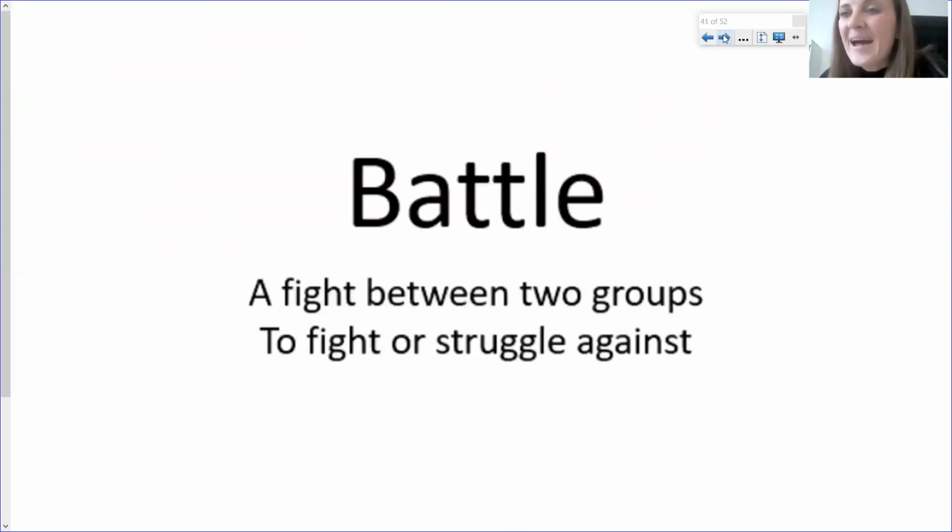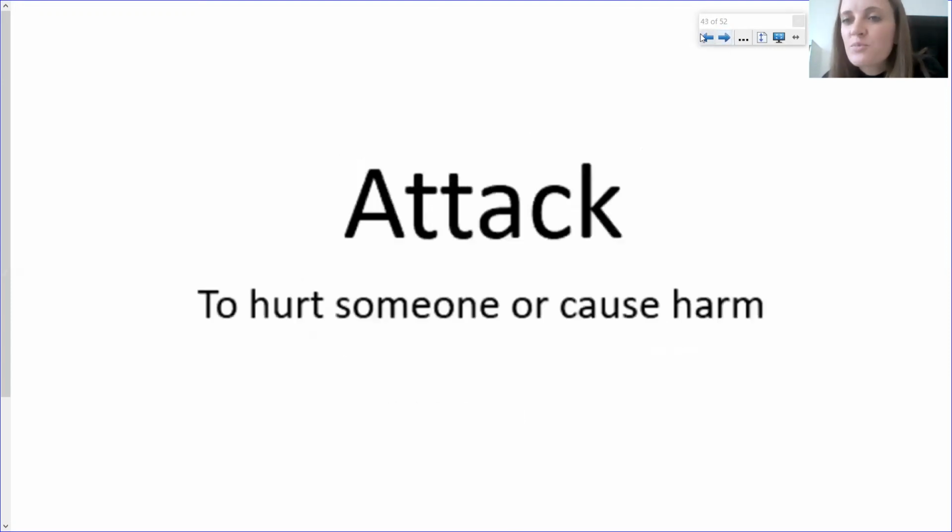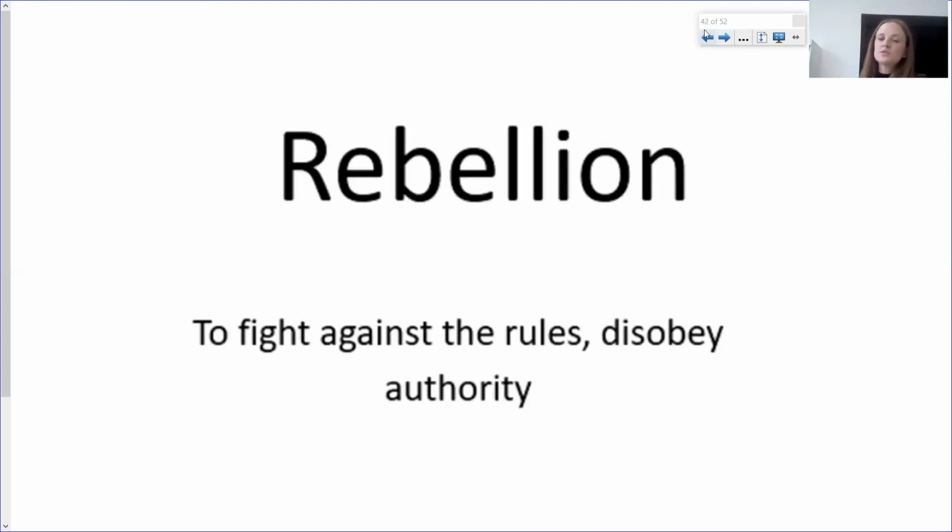So, a battle is a fight between two groups or a struggle against them. So to fight or struggle against is to battle against something. A rebellion is to fight against the rules or disobey authority. So if you go against the rules of the land or you fight against someone, authority means the person that leads it, you are rebelling, you are leading a rebellion.